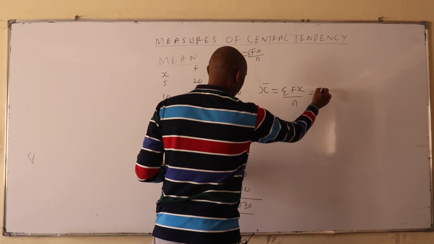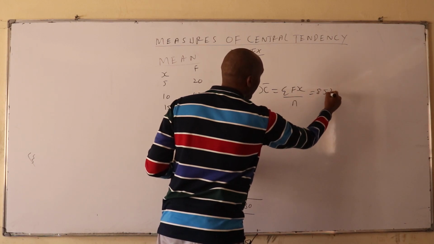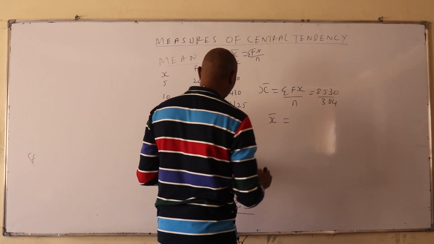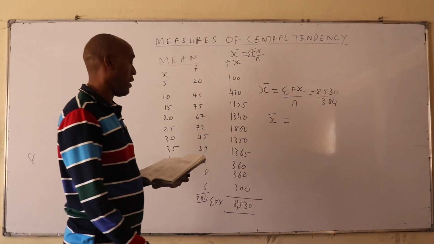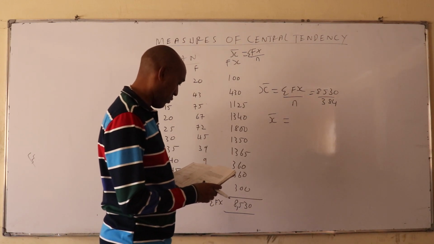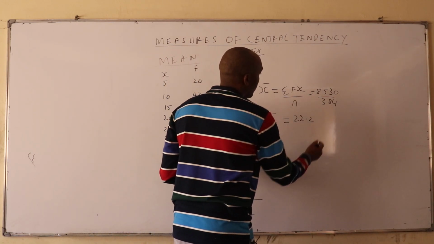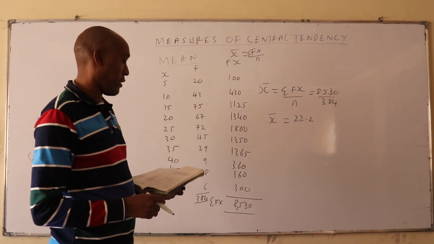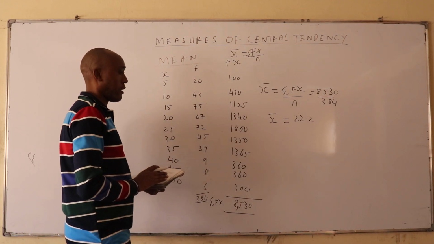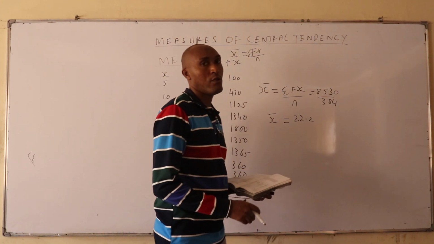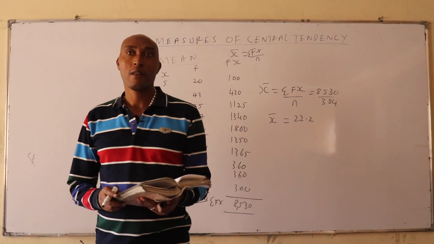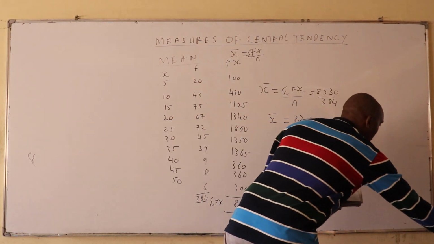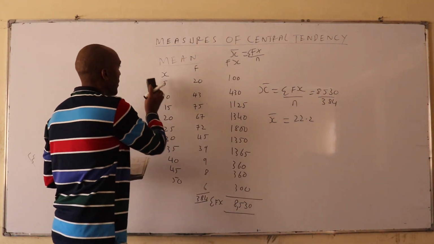So our answer is 8530 over 384. When you divide the two, you'll get 22.2. You can still confirm using your calculator if that is the correct answer. So that is the calculation of mean using discrete series. Now we are going to go to the third way to calculate mean.